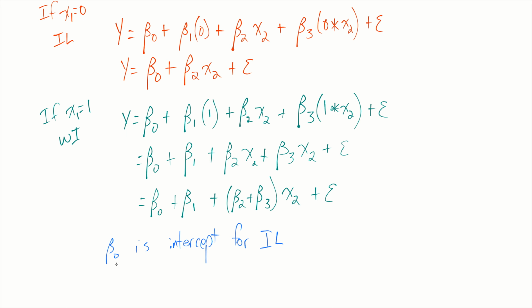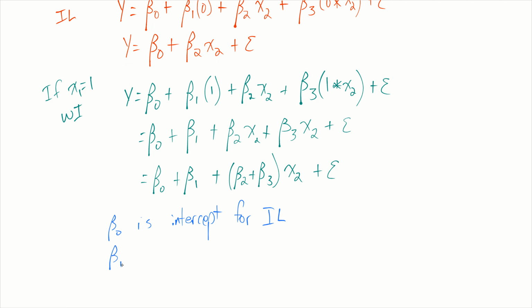And beta 1 is the difference in intercepts between Wisconsin and Illinois. This makes sense because the intercept for Wisconsin is beta naught plus beta 1, just like we saw before. And since the intercept for Illinois is beta naught, beta 1 is that difference in those intercepts.